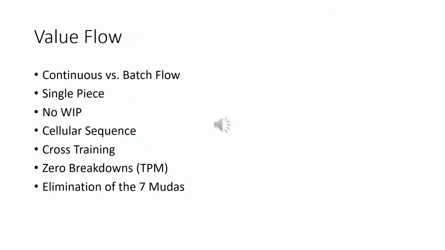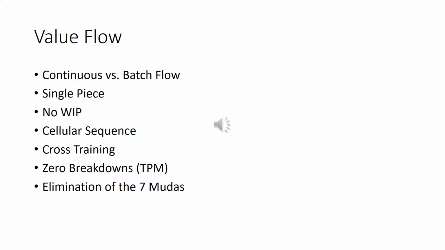So when you start thinking about lean, you want to get this thing called value flow and a couple of concepts. Continuous versus batch flow. Traditionally we do things in batches, but if you can get it continuous, there's an advantage to that. I can't find a video, so I guess I'm going to have to shave and make one myself, but I'll show you the advantages of that.